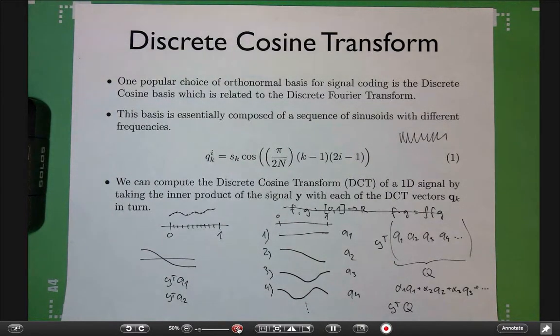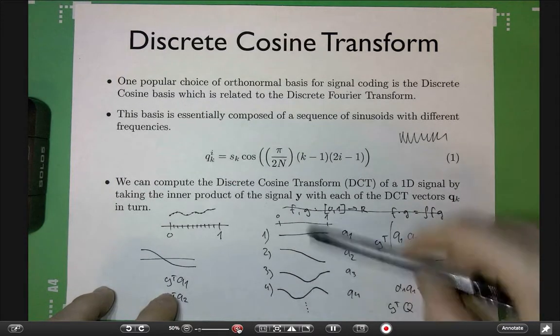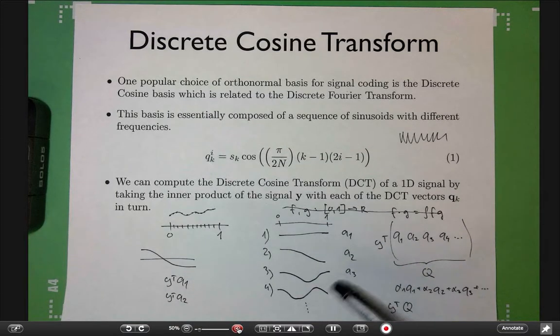If you take a picture, there are some edges and sharp things, but most of the areas are varying pretty smoothly. So it turns out that the first elements of this basis pick up most of the signal. That means that if I keep only the first few of these alphas and say that the remaining ones are 0, I'm taking a pretty good approximation of that signal.